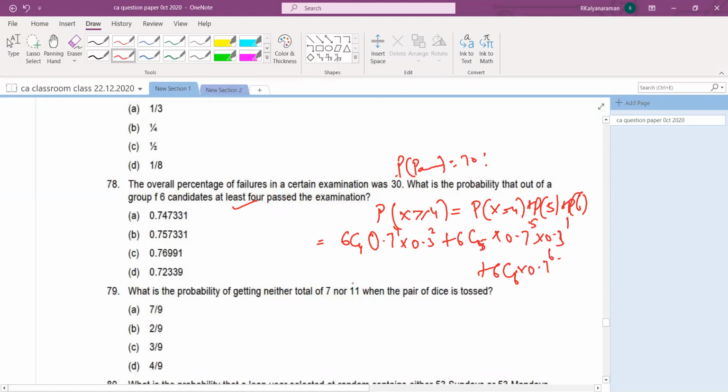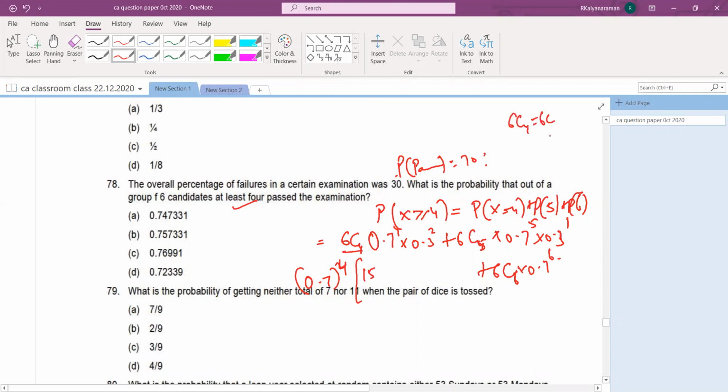So these are the answers. So you can take 0.7 power 4 as common factor and then continue. So 6C4 is same as 6C2. 6C2 is 6 into 5 by 1 into 2, so 15.